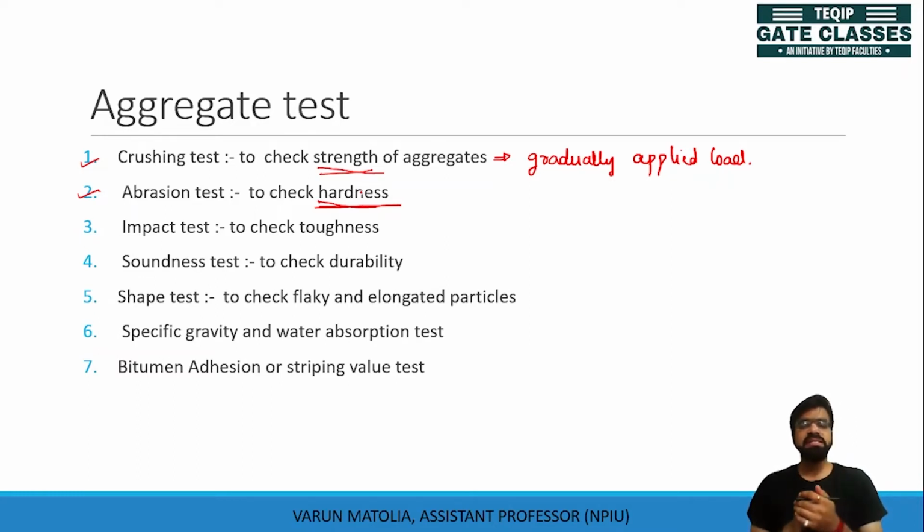So the abrasion test is done to check the hardness. Then we will check the impact test. Impact is the sudden load. If sudden load is applied on an aggregate, how this behaves will tell us about the toughness of the material. So strength, hardness and toughness are checked by crushing test, abrasion test and impact test.